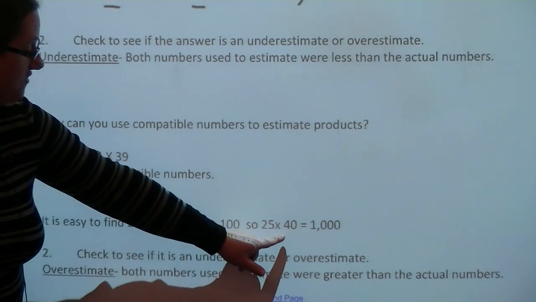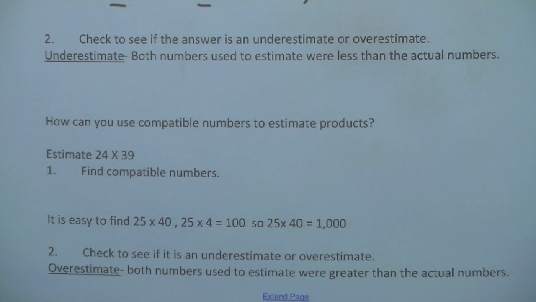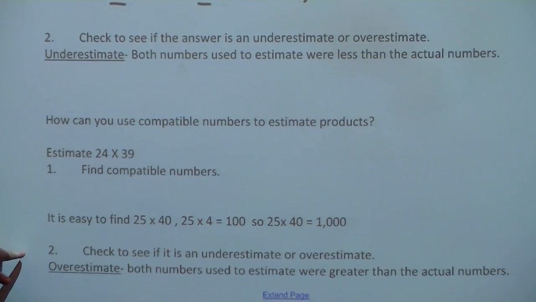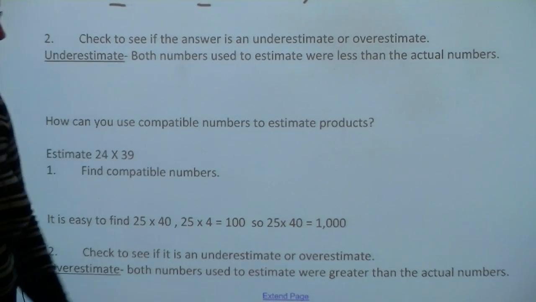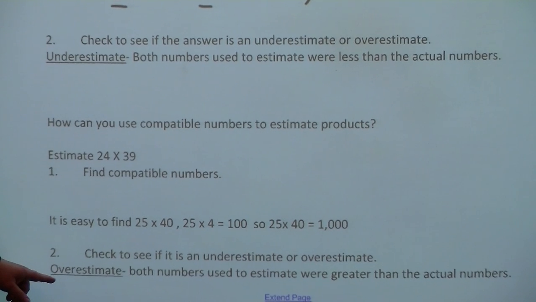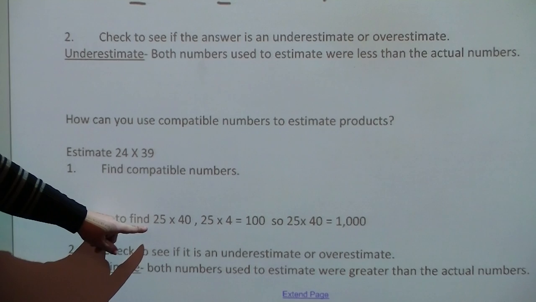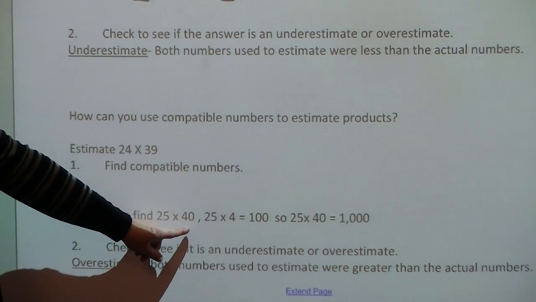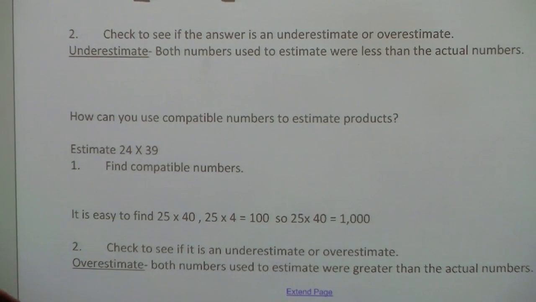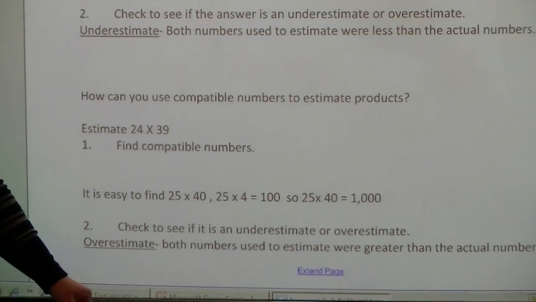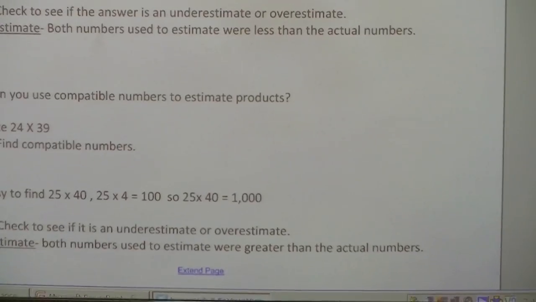So then 25 times 40 is going to give us 1,000. Okay, so again, we want to check to see if it's an underestimate or an overestimate. When we use the compatible numbers, this was 24, we changed to 25, so that's higher. 39, we made 40, that's higher. So since both of the numbers were higher, it's called an overestimate. All right, good job, 5th grade.